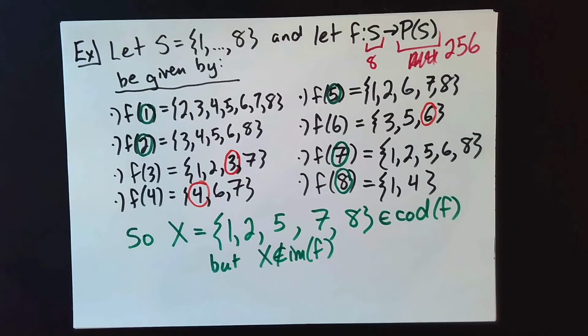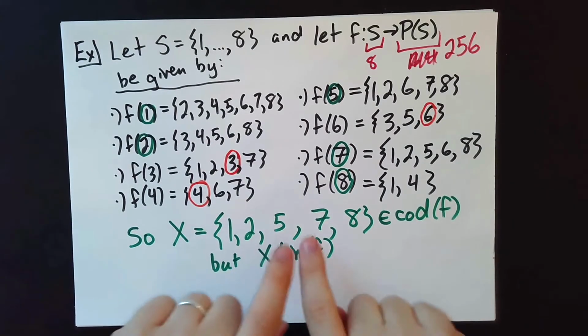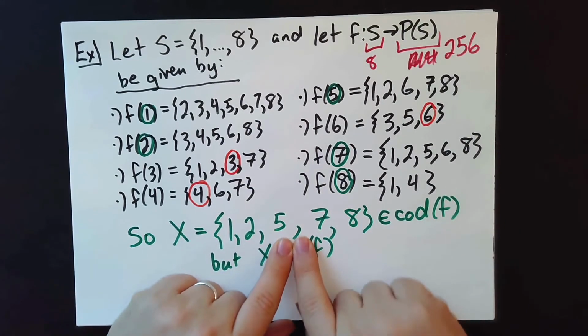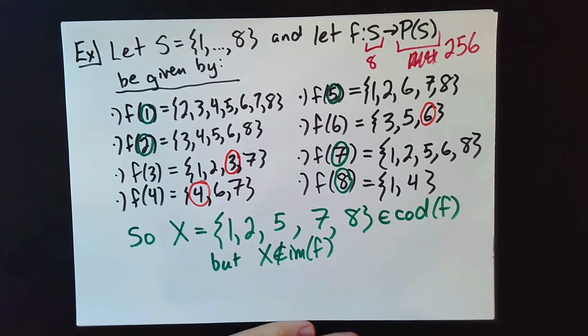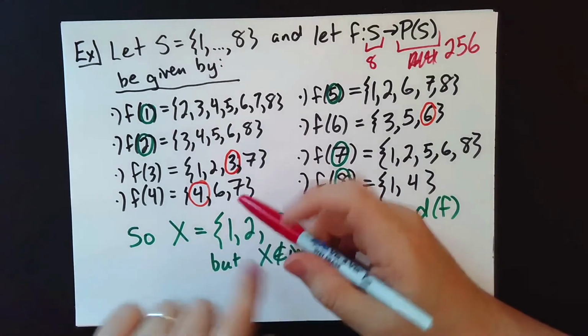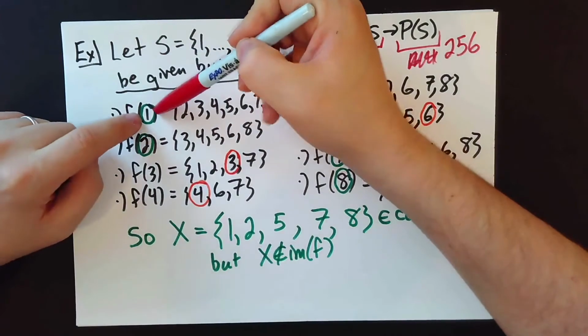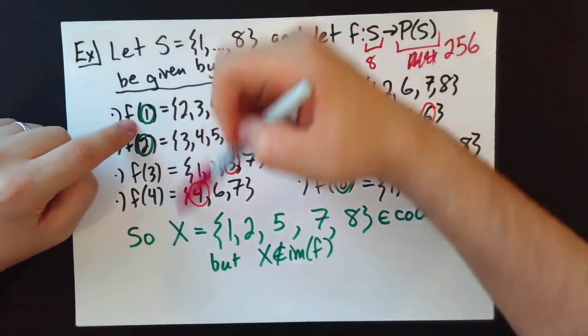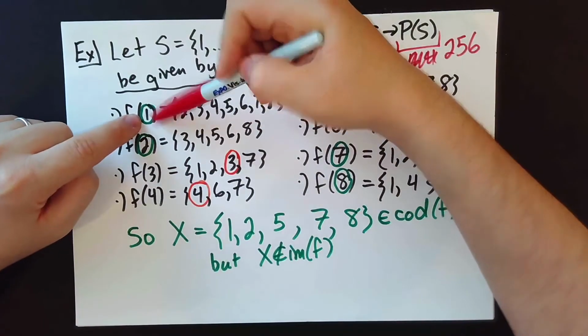In this particular case, we have a very concrete function, and we have a very concrete set, and we can actually argue why it's not in the image in a pretty concrete way. Namely, I can just go number by number and see why X is not f of that number. So why is X not equal to f of 1?